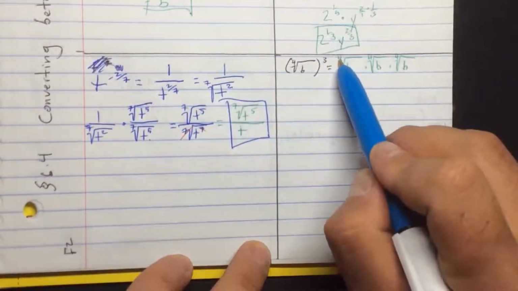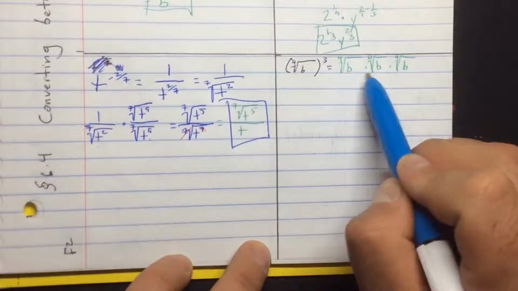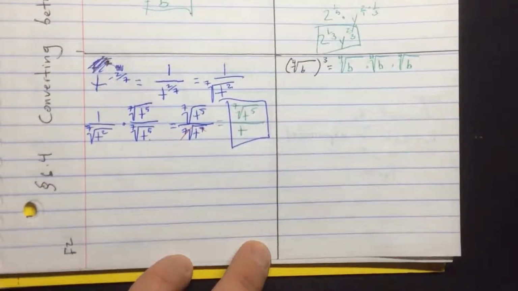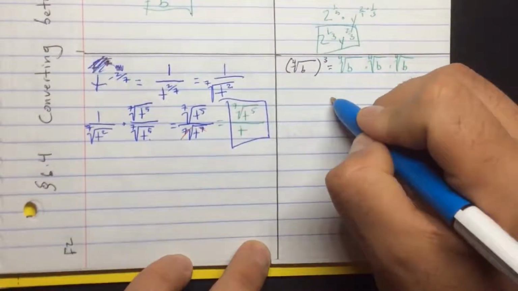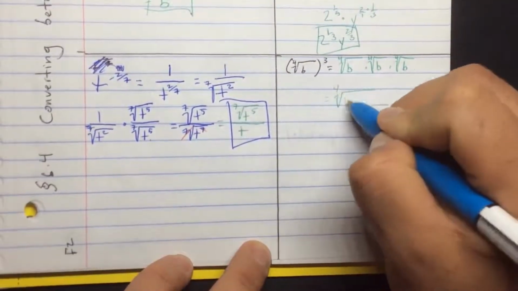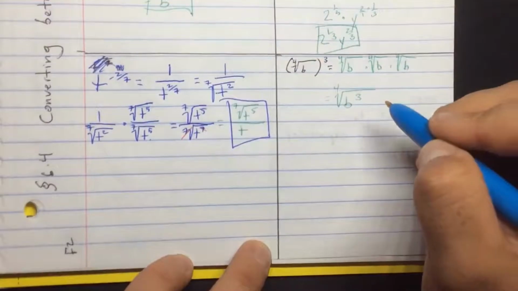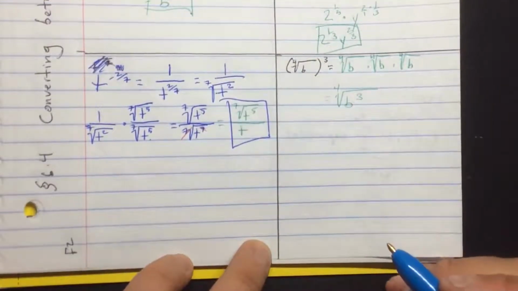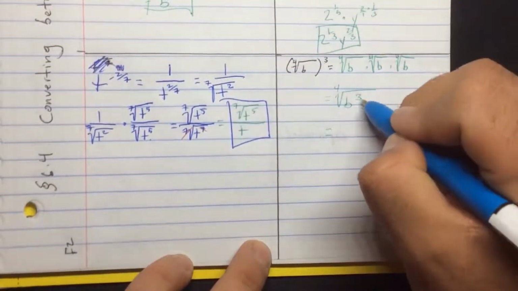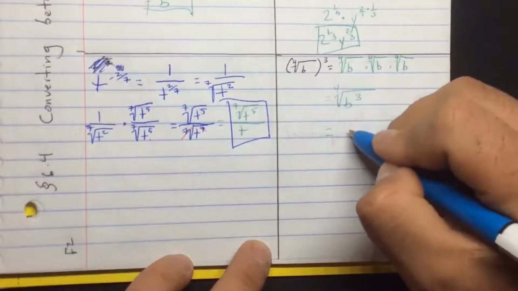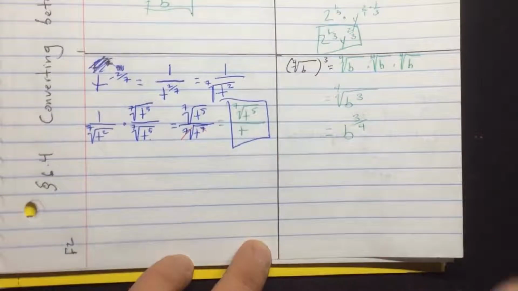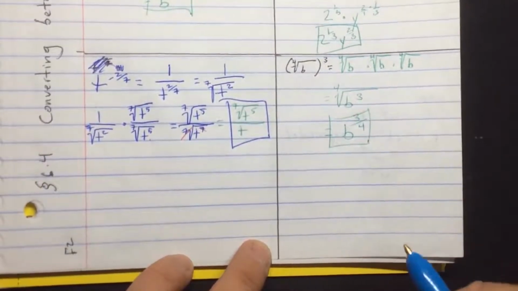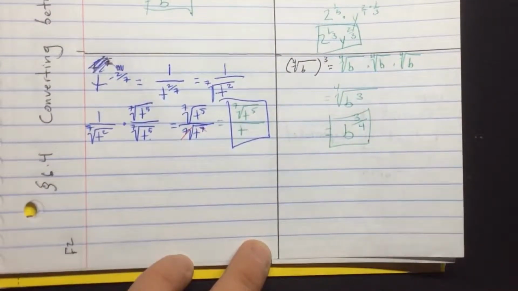But we know when we have the same index, we can multiply the variables, or the constants, or whatever is on the inside. So I can rewrite this as the 4th root of b cubed. Now I can say that this is equal to our m over n, so it's b to the 3 over 4, which is actually what our answer is.